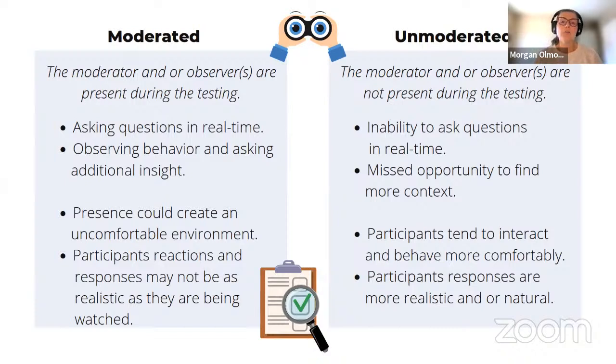So the obvious con to this is not being able to ask those questions for further context, missing those opportunities to find more context in the moment, right? However, participants tend to interact and behave a little bit more comfortably because they know they're not being watched. And so it creates an opportunity for them to behave more naturally.